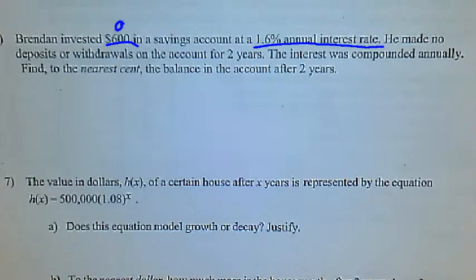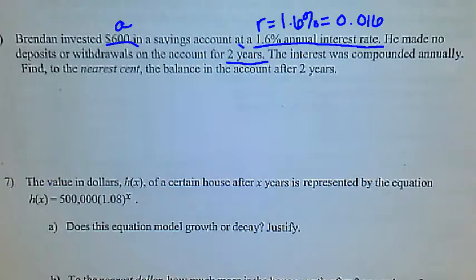Okay, so I know this is A. r equals 1.6%, which is 0.016. He made no deposits or withdrawals for the account for 2 years, x. The interest was compounded annually. They already said that. Find to the nearest cent the balance in the account after the 2 years.